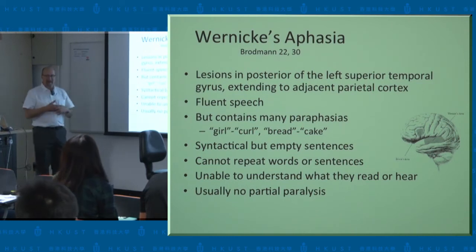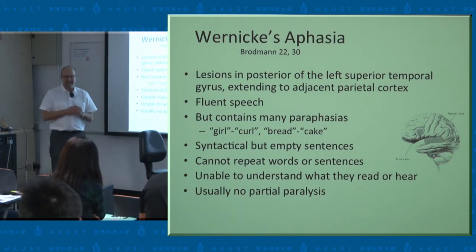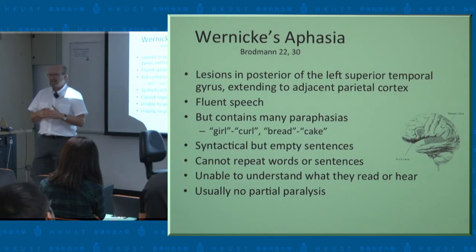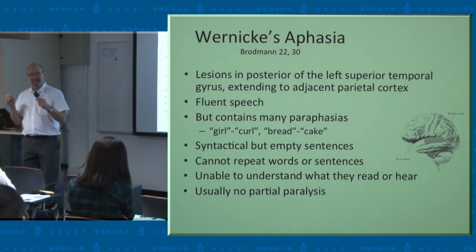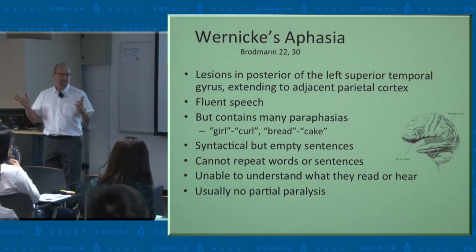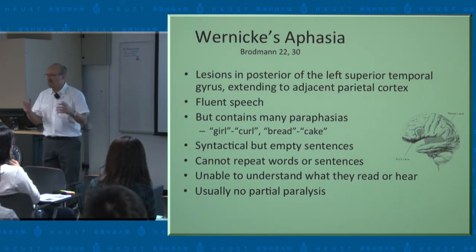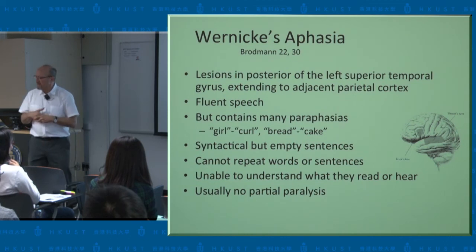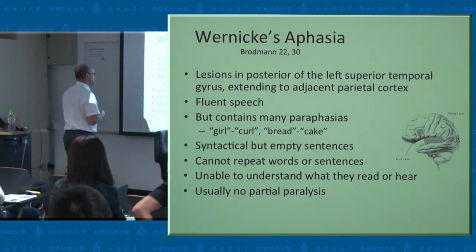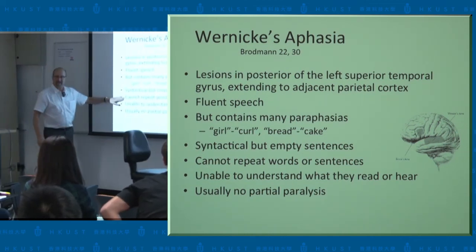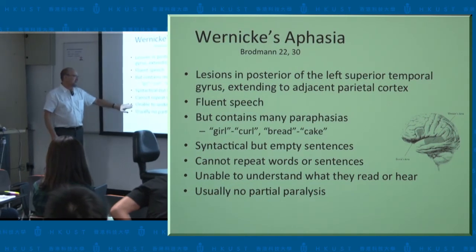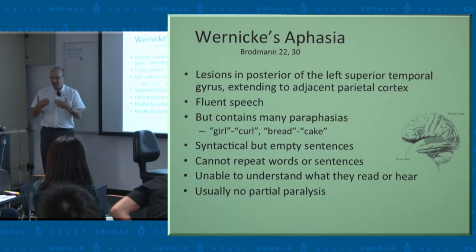You have oftentimes syntactical but empty sentences, meaning you're just saying things, but they mean what? Chair, moon, hello. That doesn't mean a lot, but they tend to lapse into this. You can't repeat words or sentences easily, right? You're unable to understand what you read. So it's very difficult to process that information.